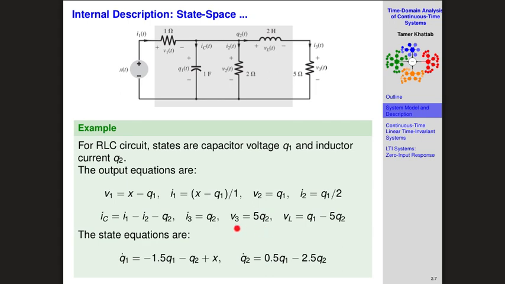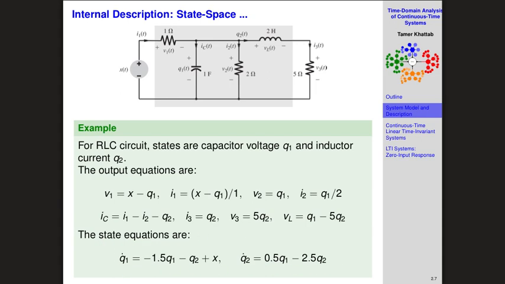We only need this equation that relates the output, which is V3, to the states. We only need an equation that represents the output that you are interested in in terms of the states of the system. This is different from this. This is called state equations. You need those, regardless.